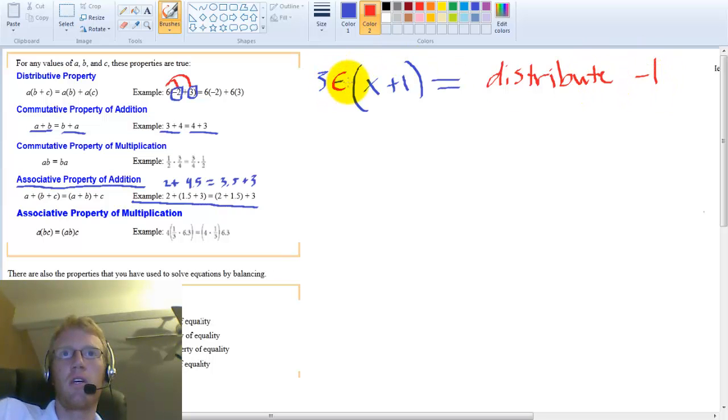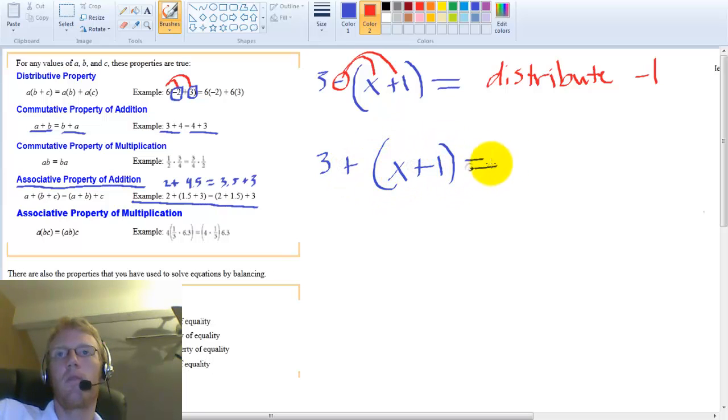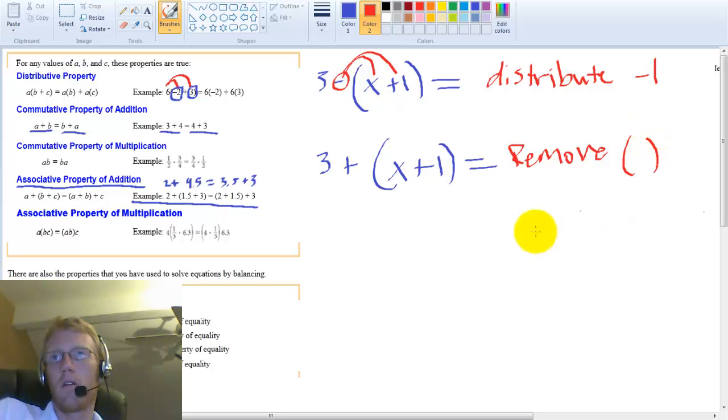So this minus sign right here distributes into both of these, and that's how you clear the parentheses. Alternatively, if you had 3 plus parentheses x plus 1, just remove the parentheses for free.